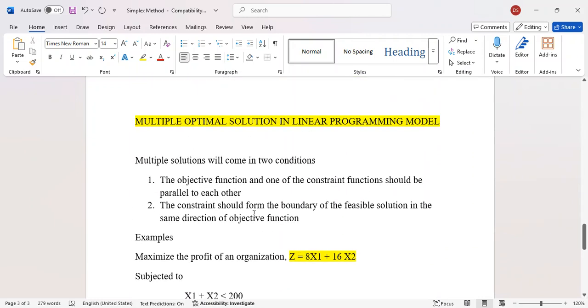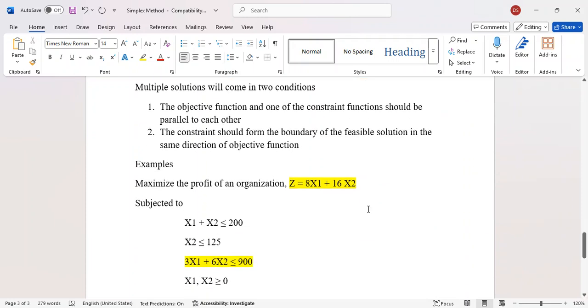So you will find multiple optimal solutions in your linear programming models. You should know in which scenarios you will find such things, because it is essential to understand the different types of competitive examination questions based on the fundamentals of linear programming. Thank you all.